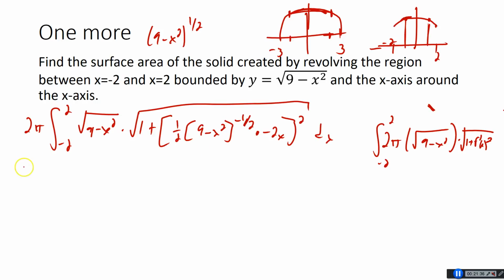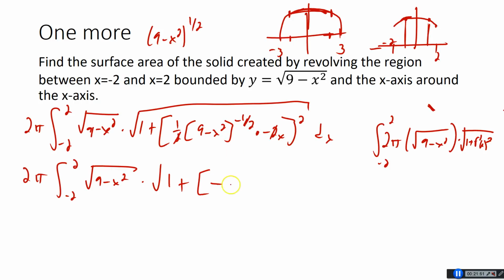So we're going to write that a little prettier. So we have 2 pi, integral -2 to 2, square root 9 minus x squared, times the square root of 1 plus, let's see, not going to square this quite yet. We're going to make this look a little nicer. The 2's cancel, thank goodness. So we have negative x over square root of 9 minus x squared, that whole thing squared, dx.